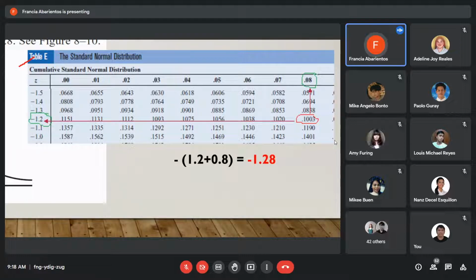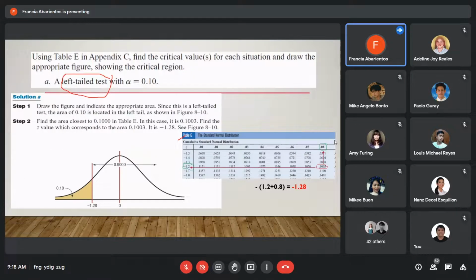So, pinakamalapit sa 0.01 is, ang pinakamalapit doon class is 0.0100. After that, you have the negative of that. Negative of 1.2 plus 0.08, we have negative 1.28. So, that is now the critical value for that given left tail test. So, this is now your negative 1.28.